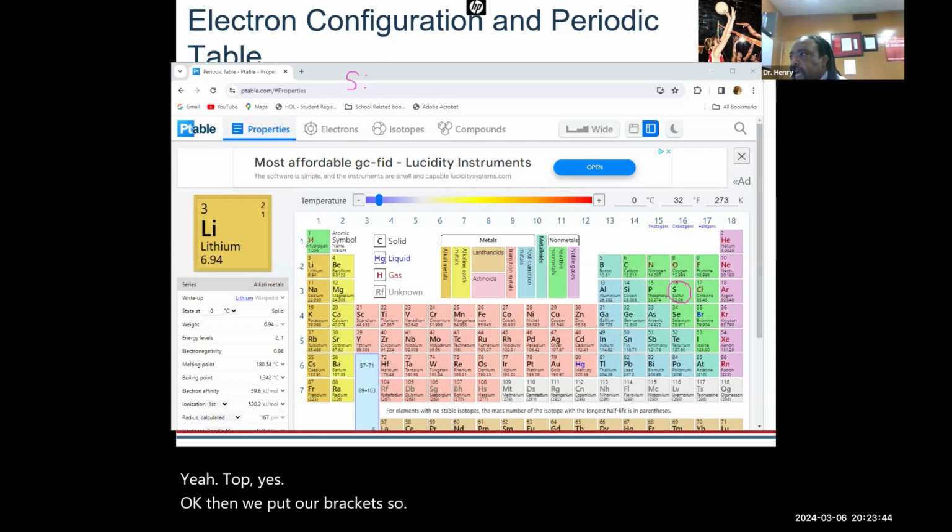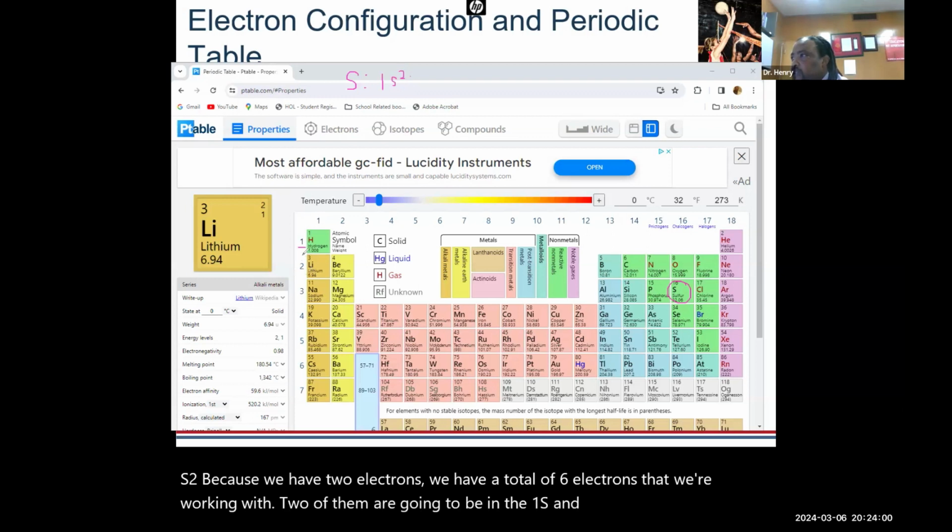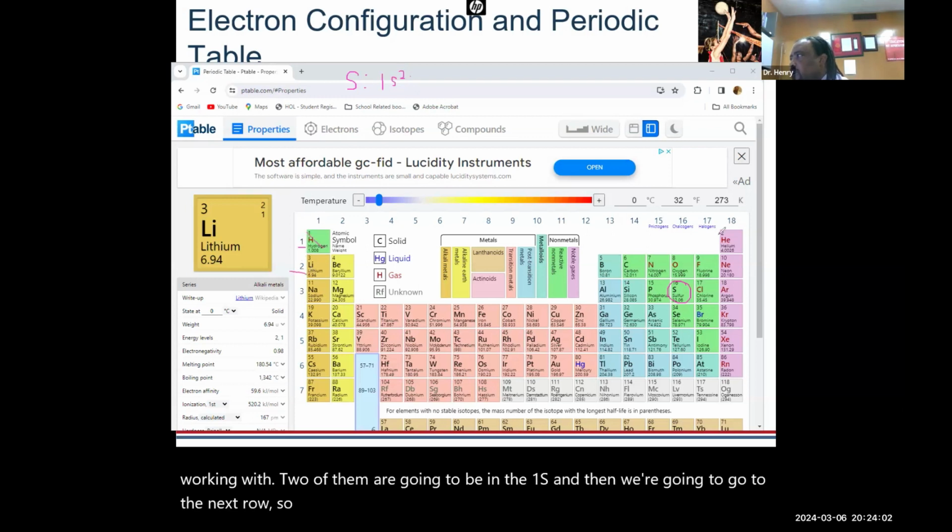So we'll start off at ground state, which is 1. So we have 1s2 because we have 2 electrons. We have a total of 16 electrons that we're working with. 2 of them are going to be in the 1s, and then we're going to go to the next row. So that represents this electron and that electron.